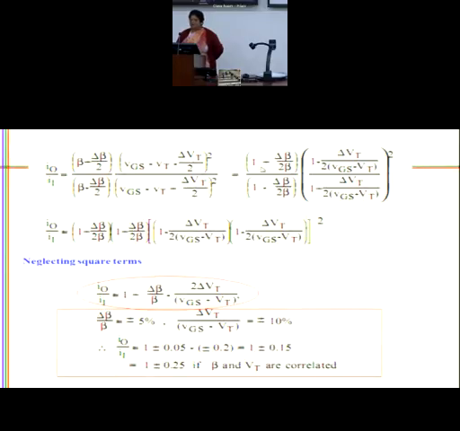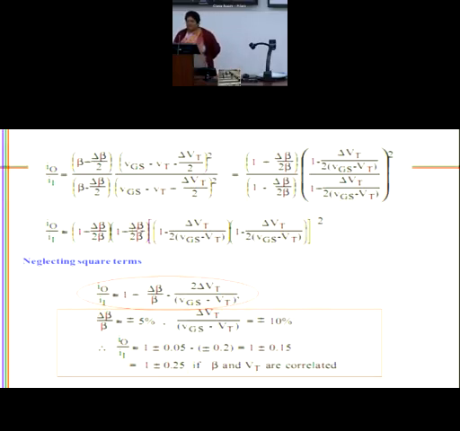Okay, so we have got 1 plus delta beta by 2 beta, 1 minus delta Vt by 2 VGS minus Vt whole square. So if I now take the denominator up with the power minus 1, I can use binomial expansion.